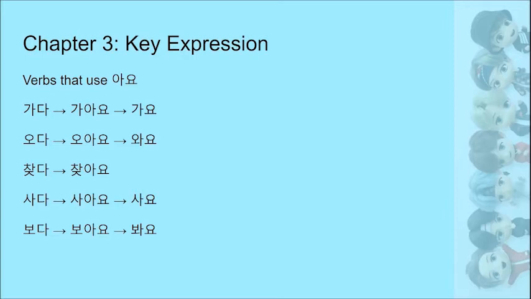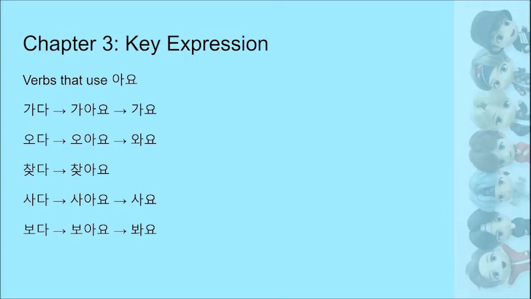So kada, we're going to take off the ta because you always take off that dictionary form ta. So take that off and we're left with just ka. And so since we're left with just ka, that is an a. So it's going to take ayo. So you can see I've written here ka with ayo, but we don't actually write it like that. We just write kayo.